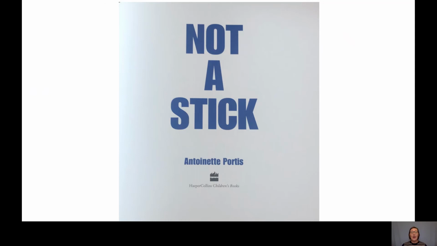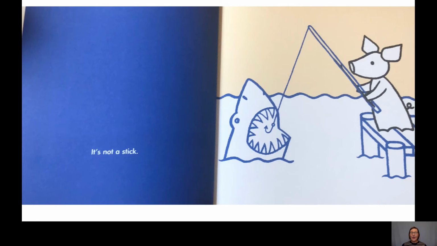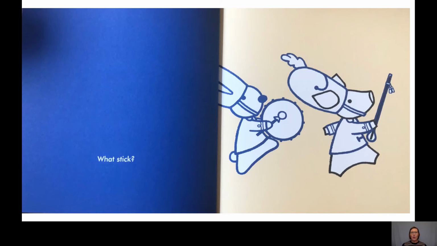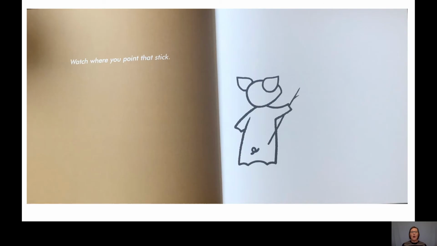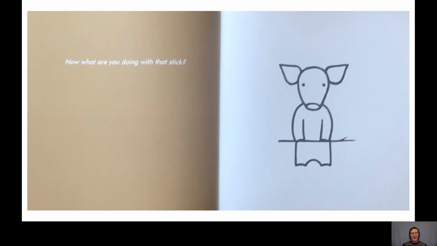Not a Stick by Antoinette Portis. Hey, be careful with that stick. It's not a stick. Look where you're going with that stick. What stick? Watch where you point that stick. This is not a stick. Now what are you doing with that stick?